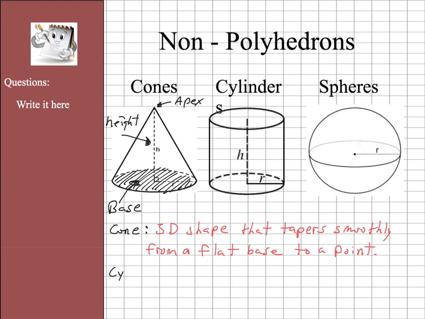A cylinder is, this one actually is one of the hardest ones to find, is a 3D shape that has two circular bases and a cylindrical surface, lateral surface between them.